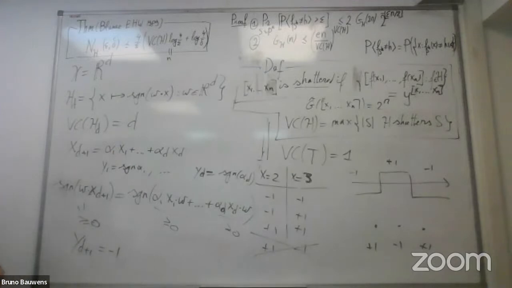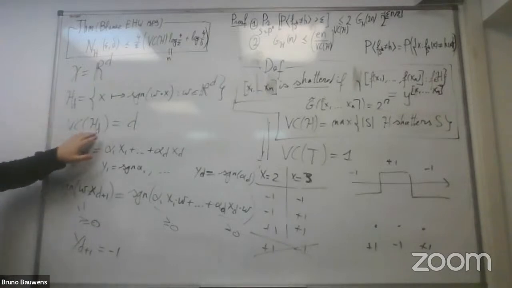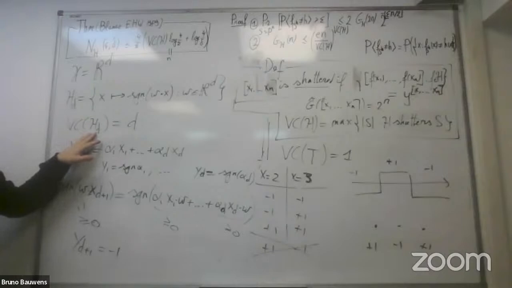That's enough. So normally, if H is a set that can be parameterized by K parameters, then the VC dimension is usually equal to K. But there are exceptions. Sometimes it's a little bit more. And there is one extreme exception, like for sine functions.